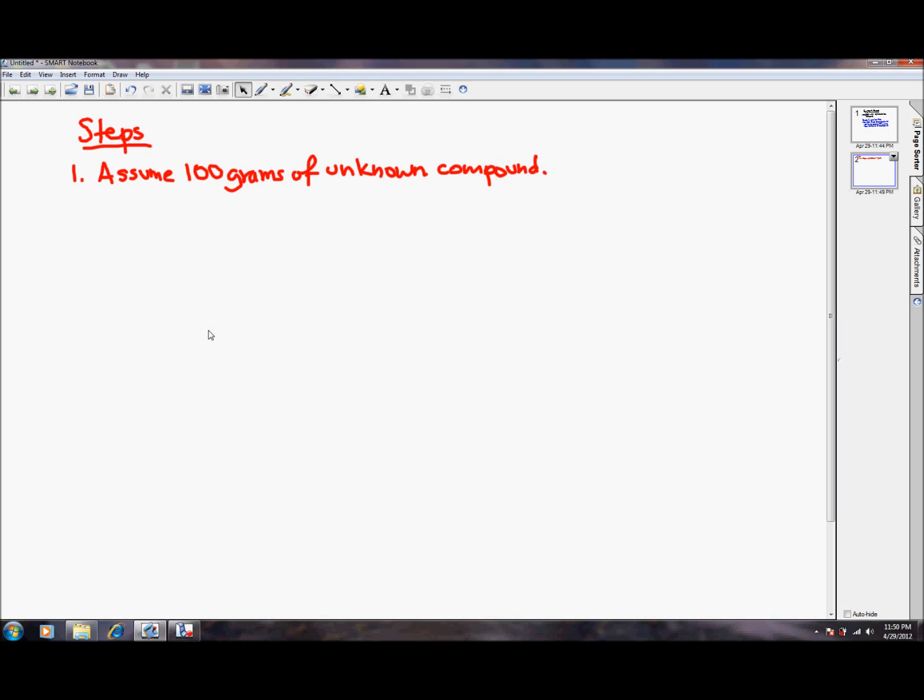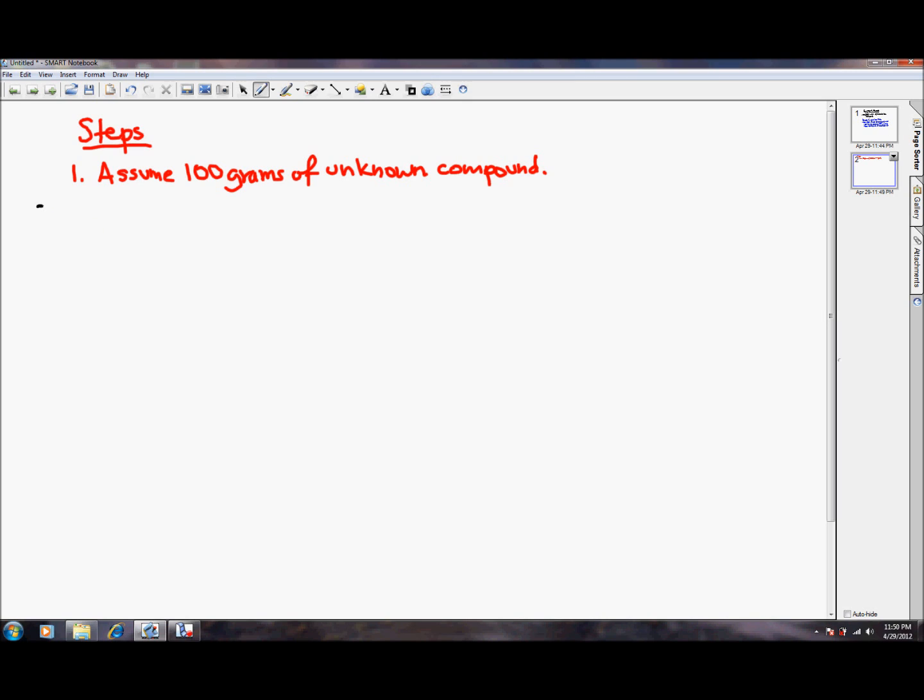We need to know how many grams of each element that we have. And one easy way to do that is because percentages are constant no matter how much or how little of a compound we have, it's simply convenient to assume that we have 100 grams of the compound. Alright, now I'm going to do kind of a complicated example, but that way you'll get something nice and juicy, and so you'll be able to do simpler ones.